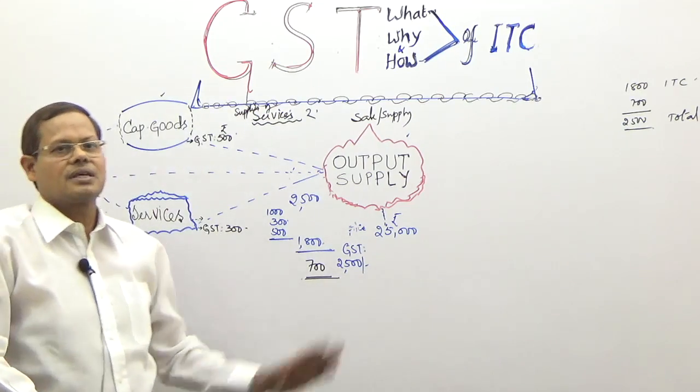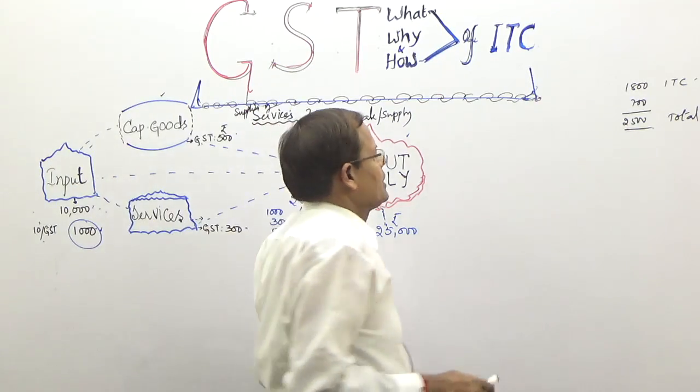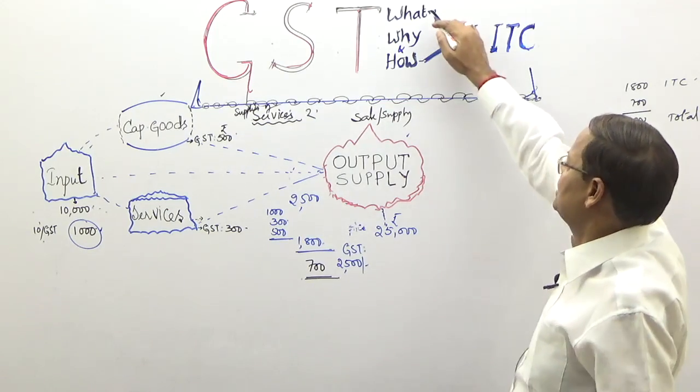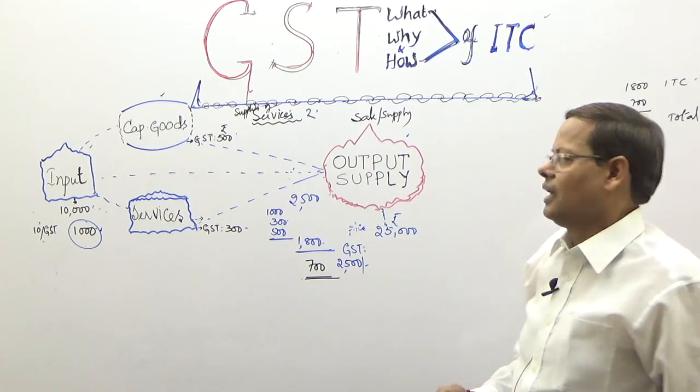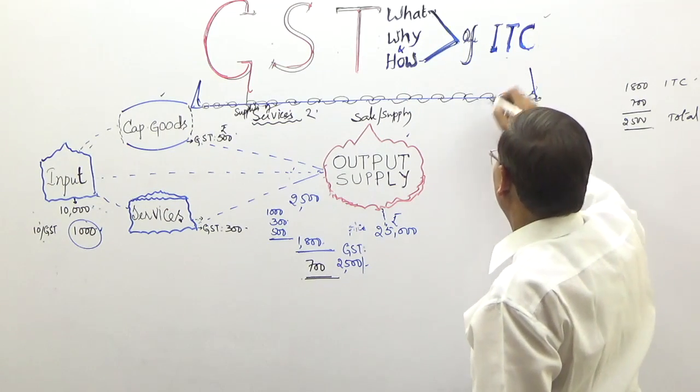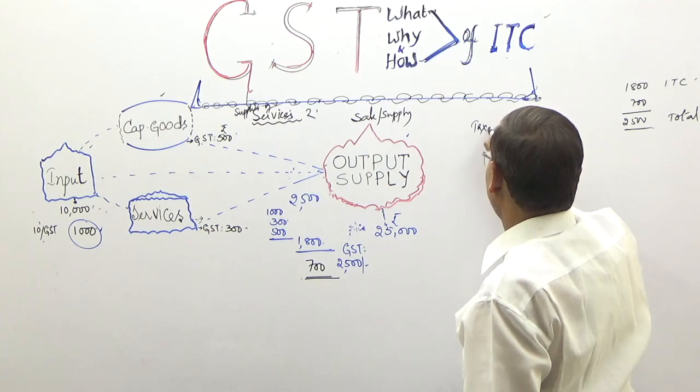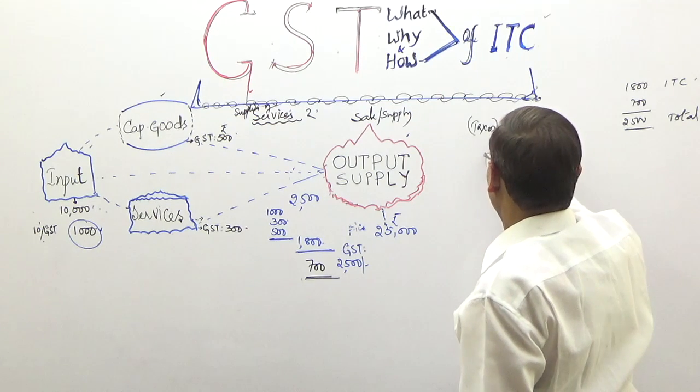So, from this, let us draw certain things. So, first point is, what is GST? What is ITC? What is input tax credit? It is taxes paid. Taxes here means GST.